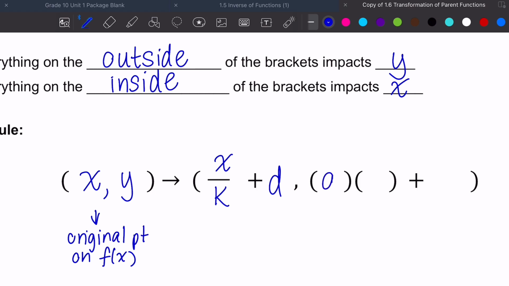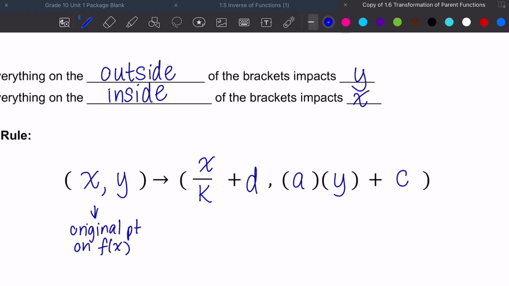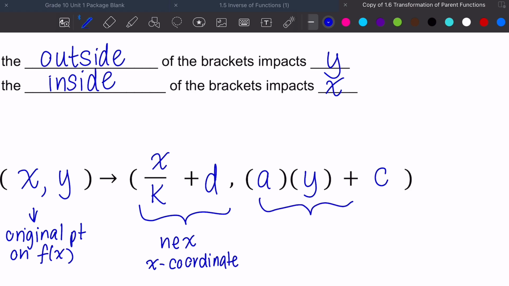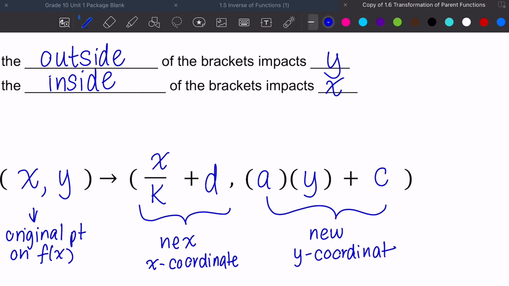And then you're gonna have a times y plus c, and that's gonna form your new y coordinate. And that's gonna tell you basically where to plot that point on this transformed graph.